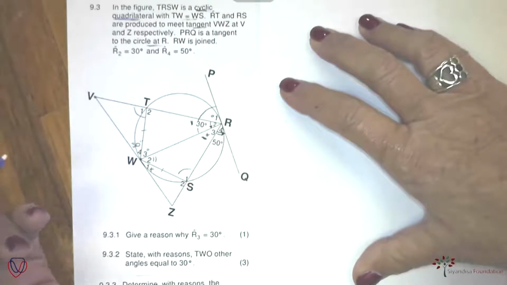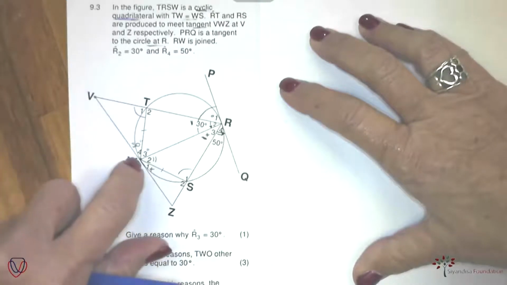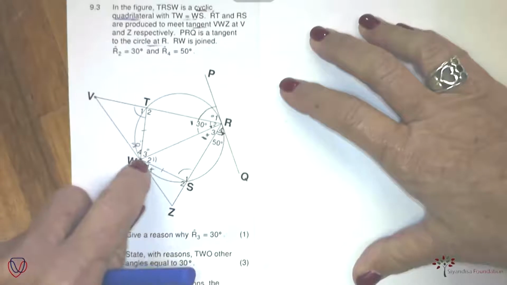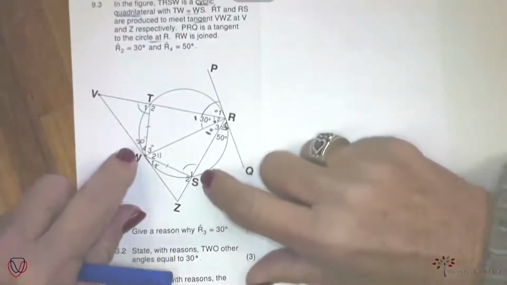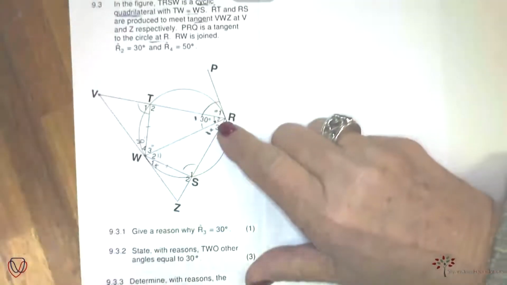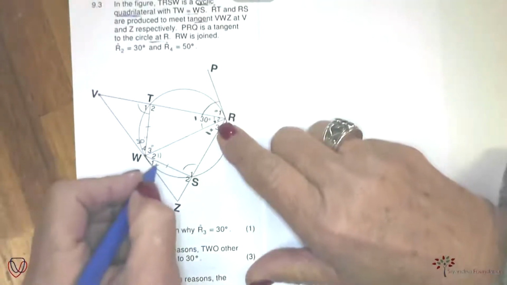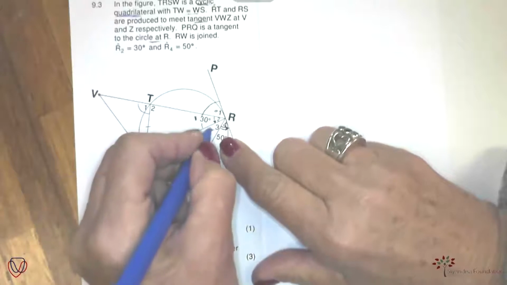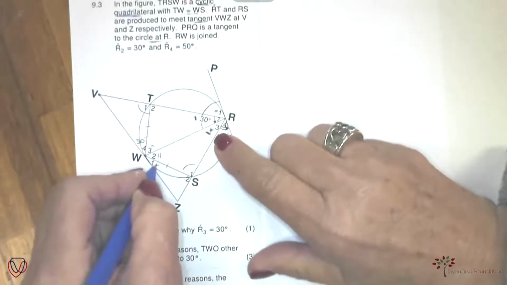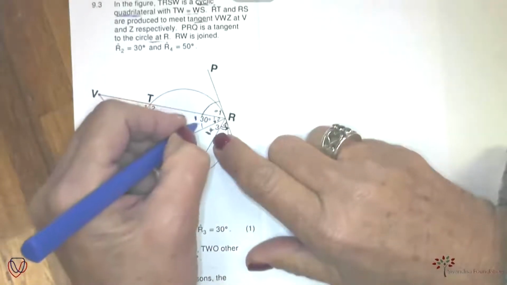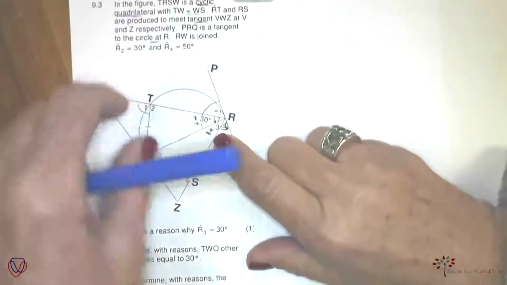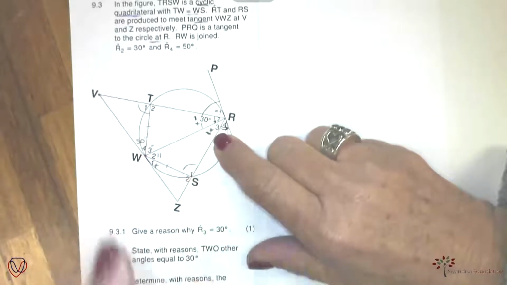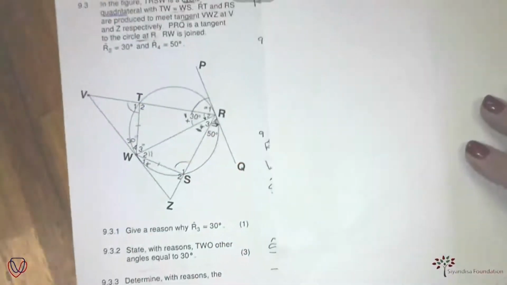The third very important one: the angle between the tangent and the chord will be equal to, let me show you, the angle in the opposite segment. So this angle will be equal to this one. Now if this angle is equal to this one, it will also be equal to this one, because we've said that these two are equal because of equal chords. People, can you see I'm only marking at the moment.